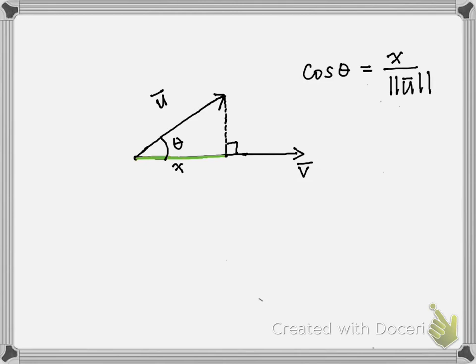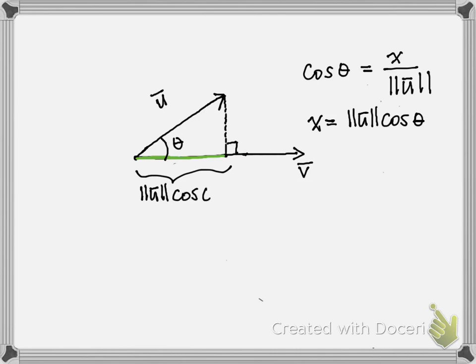So x equals norm u cosine theta. I'm going to erase x now and put that. The length here is the length of u cosine theta.